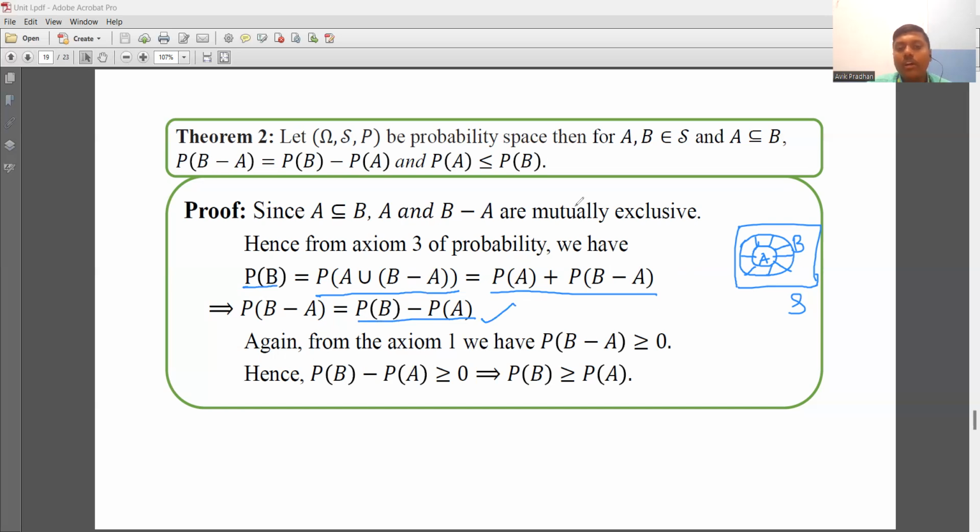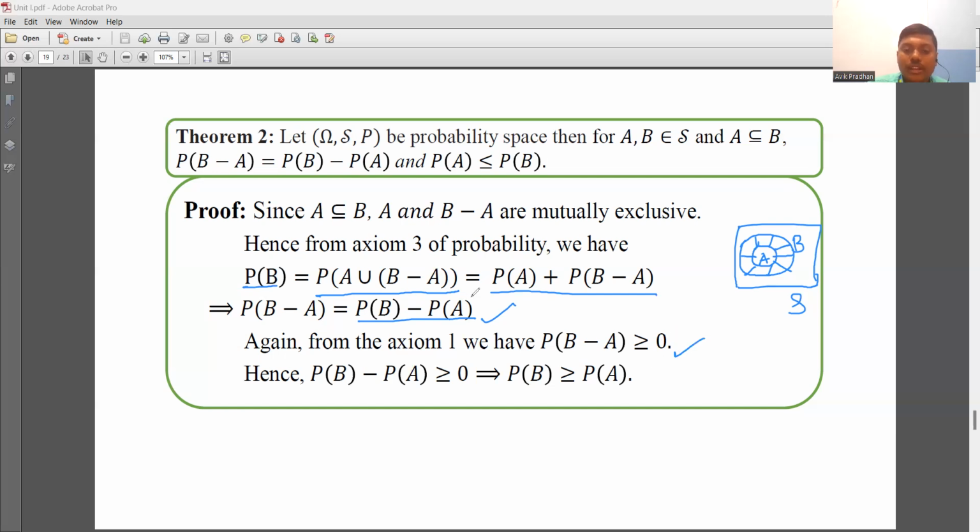And also, if we have this, probability of B minus A is equal to probability of B minus probability of A, then we can very easily verify that the probability of B is going to be greater than or equal to probability of A, because the probability of B minus A is a probability measure on the event B minus A. So this probability is going to be greater than or equal to 0 as per my first axiom of the axiomatic definition.